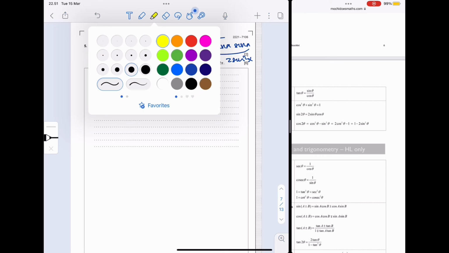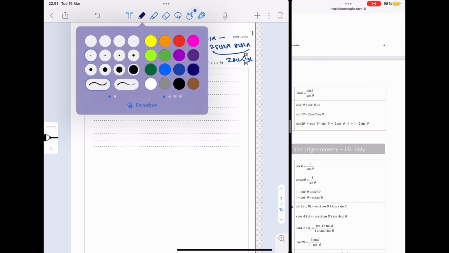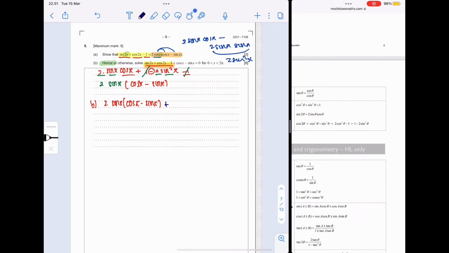So I'll use the previous answer to replace this part. Okay? So 2 sine x bracket cos x minus sine x as its replacement, and I'll just copy the rest, plus cos x minus sine x equals 0.